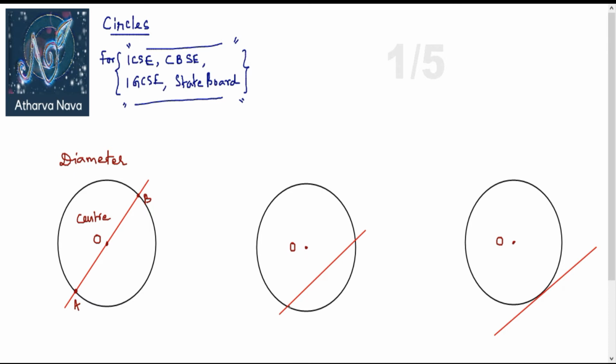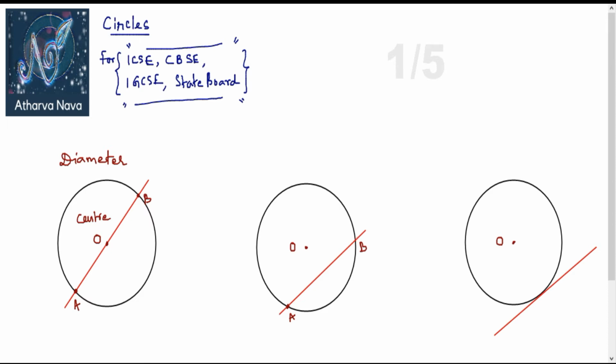But imagine the same line passing through the circle at 2 points but not passing through the center.